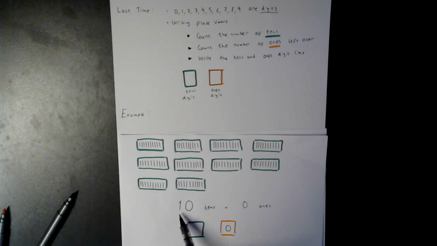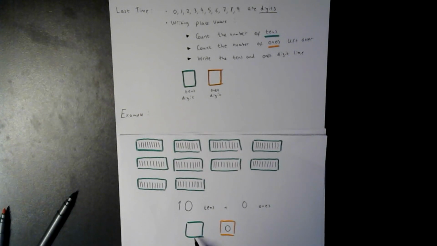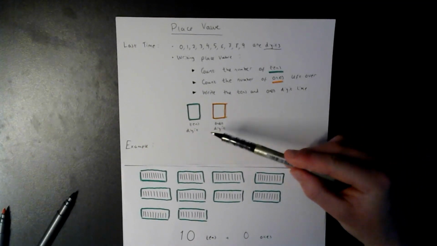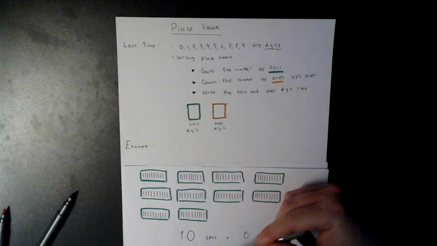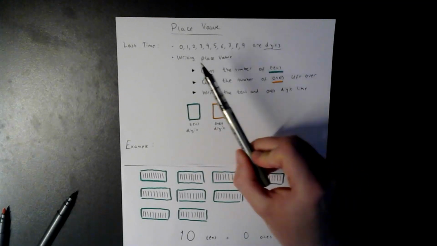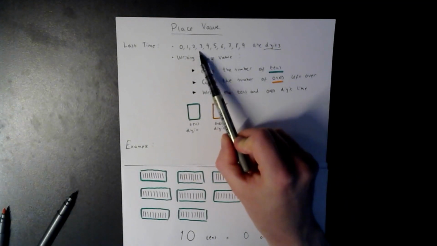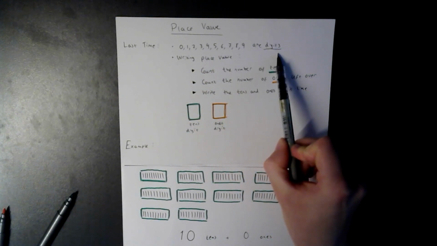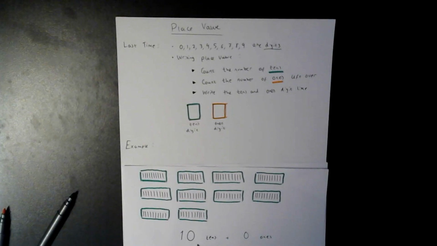Okay, so 10 would go in here, right? Let's have a look again. Remember, we're putting digits in these boxes, and 0, 1, 2, 3, 4, 5, 6, 7, 8, 9 are digits, but 10 isn't a digit. So we're going to need to do something else.